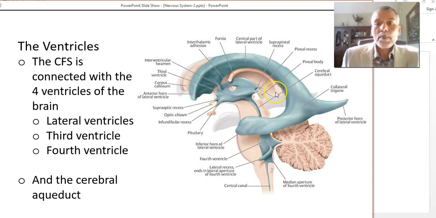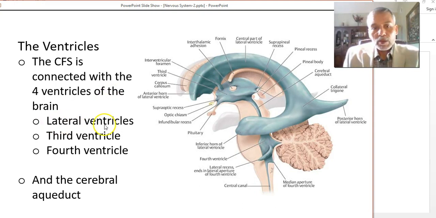And when you hear about a disorder called hydrocephalus, that is where these ventricles have more fluid than they should have, and that is going to push on the parts of the brain that are close, and that is going to cause inflammation and pressure, and it causes disabilities.